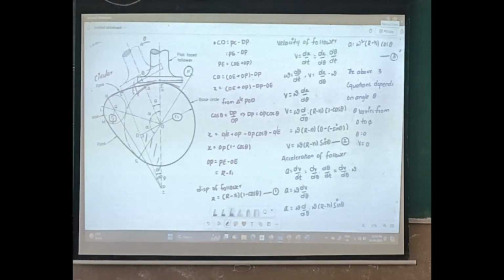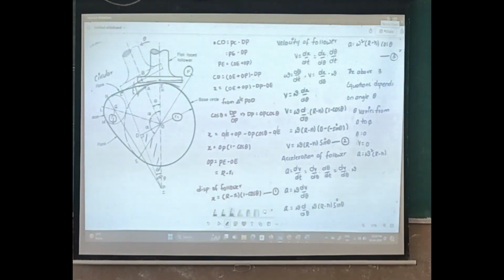If theta is equal to 0, what is the acceleration A? Acceleration A is cos theta, cos 0 is 1. So acceleration A is equal to omega square into (R minus r1).